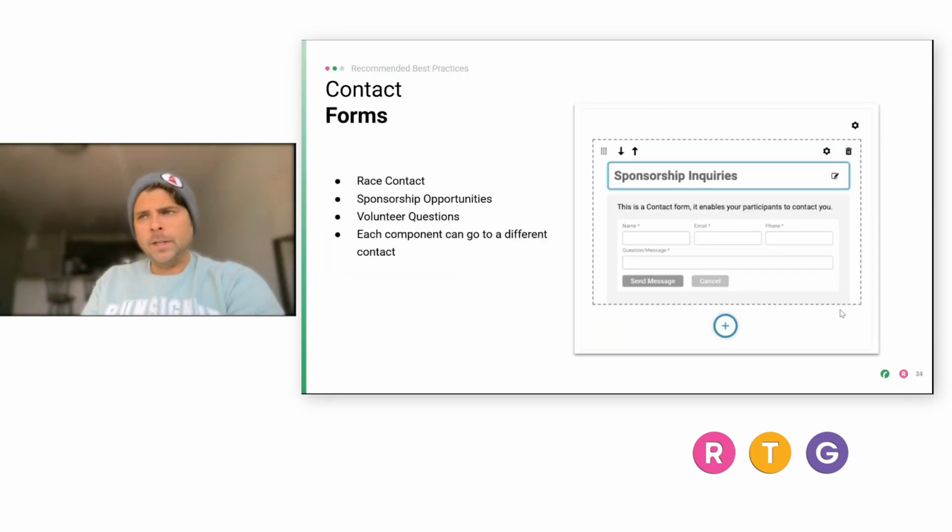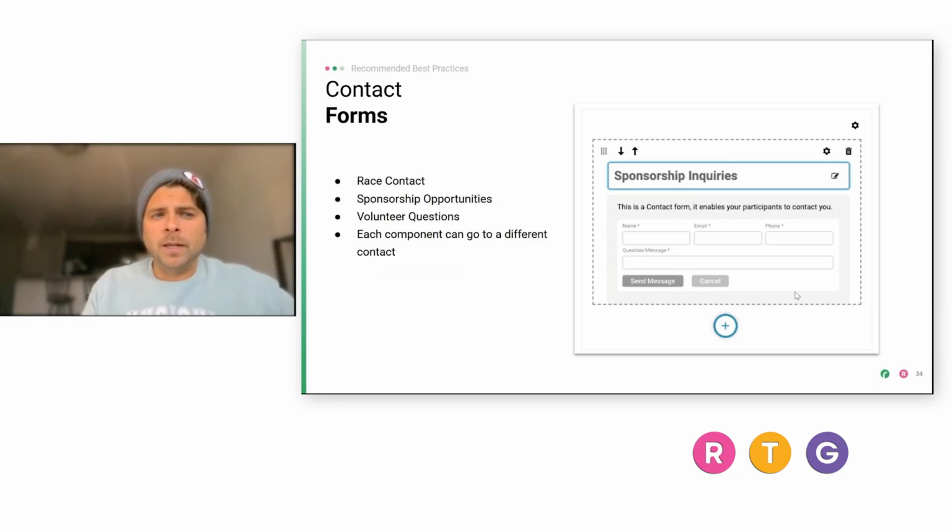Contact forms, you can either have that as a single button that says have a question, and then it expands, or you can have it always expanded. This is a good way for people to reach out if they have specific questions. You can also make this a little bit more specific to something else, like having sponsors be able to reach out saying, hey, I'm interested in being a sponsor, and change the text there to sponsorship inquiries.